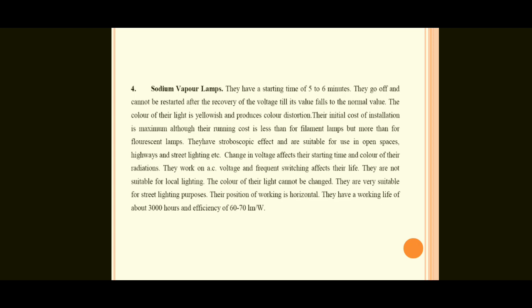So the luminous efficiency is also very less compared to fluorescent lamps, mercury vapor lamp, and sodium vapor lamps. So the average working life for incandescent lamps is 1000 hours and efficiency 12 lumens per watt.